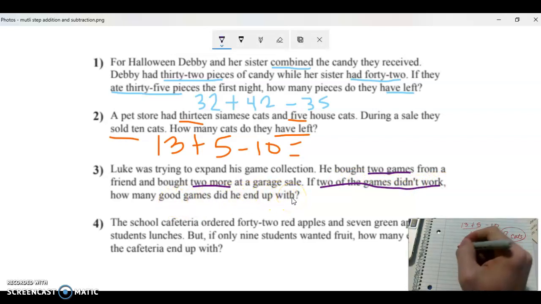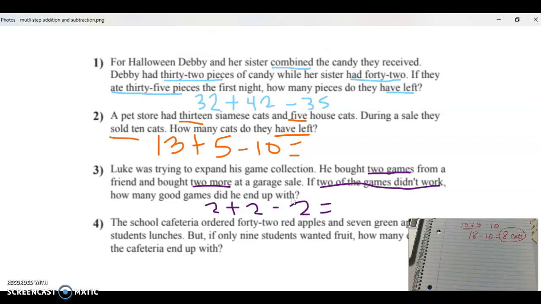Well, he bought 2 from a friend, and 2 more, minus 2 because they didn't work. 2 plus 2 minus 2. 2 plus 2 is 4. Take away 2. He's only left with 2 games that are any good. That didn't really work out well for him.